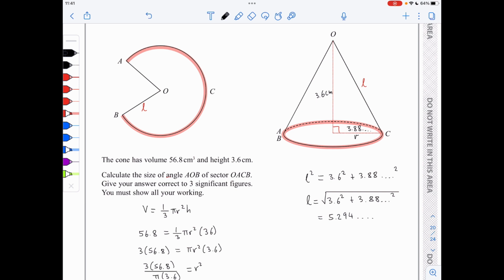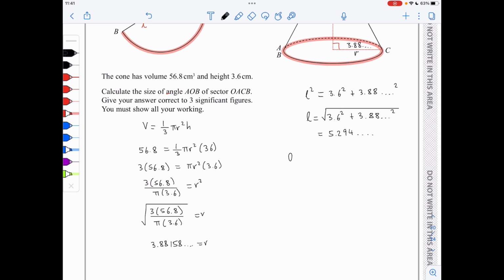5.294. Notice I'm using full accuracy on the calculator here. And then we know that since this part is equal to this part, and if I call this angle here theta, then the length of the arc here is simply theta over 360 times 2 pi, and the radius of this is L. And we have found L. So theta over 360 times 2 pi times 5.294 is equal to 2 pi r, with r being the 3.88.